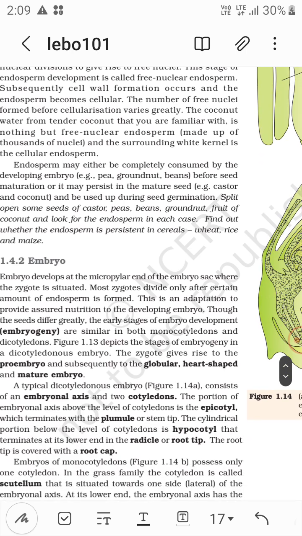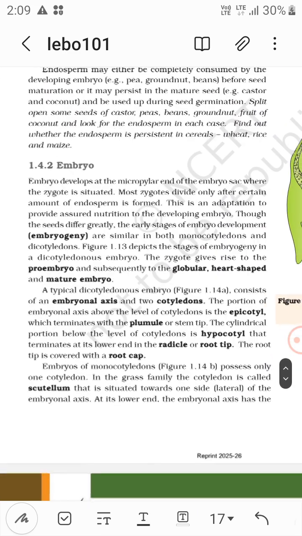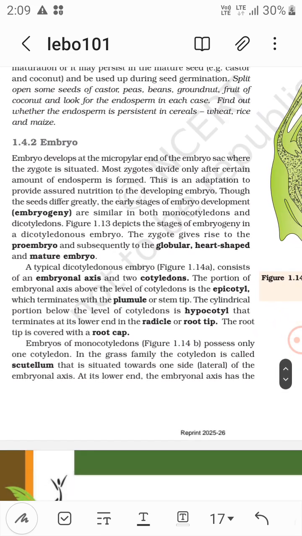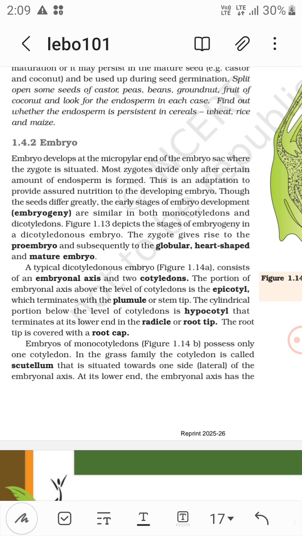So, embryo. Now we are going to study the embryo. The embryo develops at the micropylar end of the embryo sac where the zygote is situated.